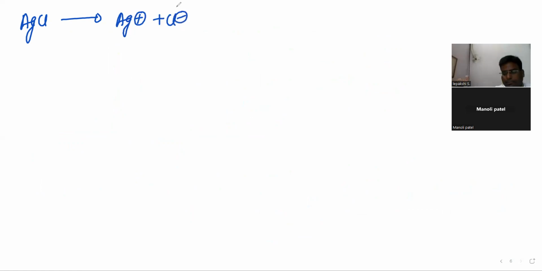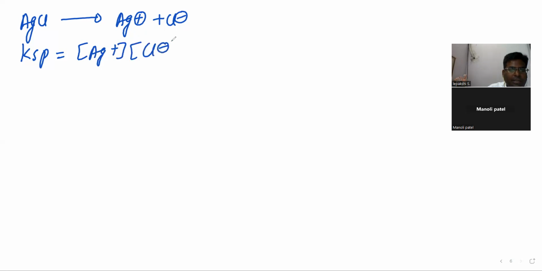The next case is the second one, silver chloride. When it dissociates, it forms Ag+ and Cl-. The solubility product is the concentration of Ag+ times the concentration of Cl-, which is S × S = Ksp.